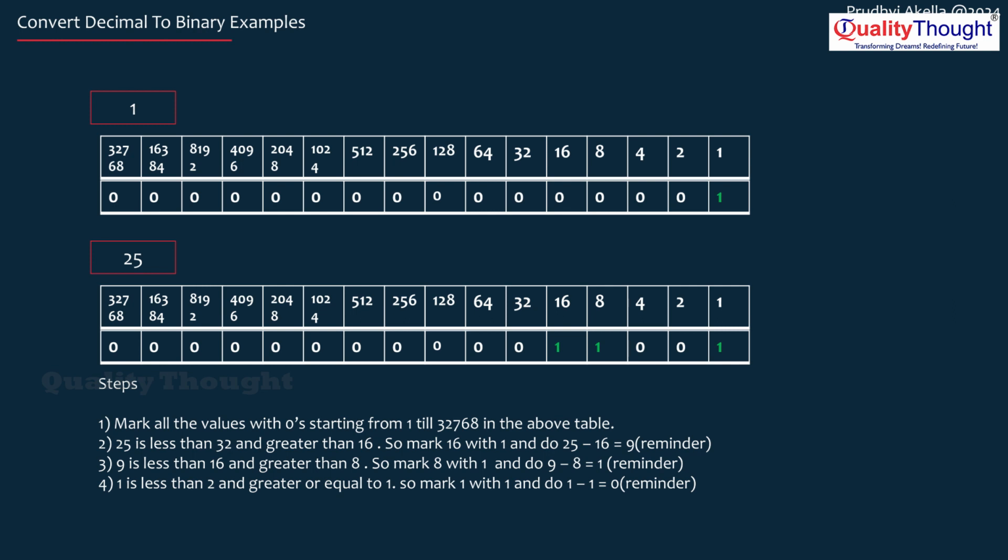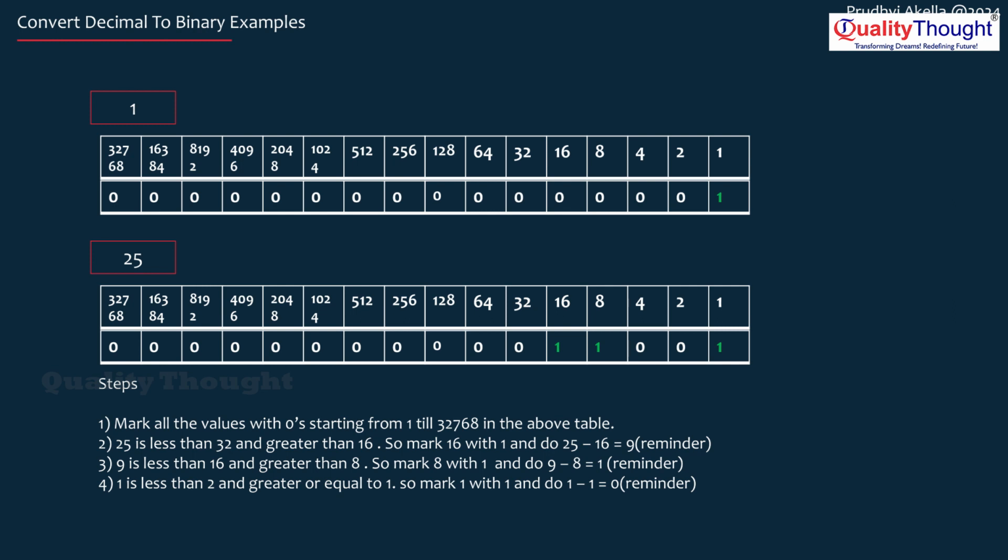And then you have to continue these steps until your remainder becomes 0. Now 9 minus 8 is 1, which is the remainder. Now you could see the 1 at the end. You will put 1 under this 1, which is 2 to the power of 0.